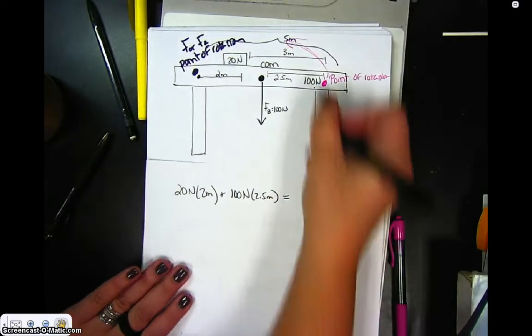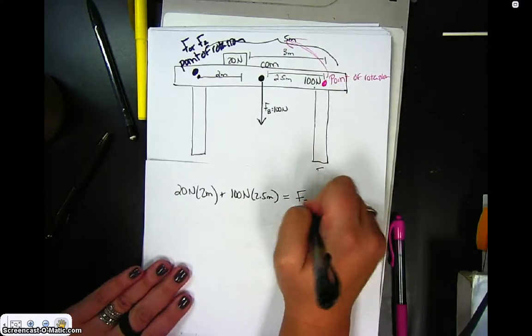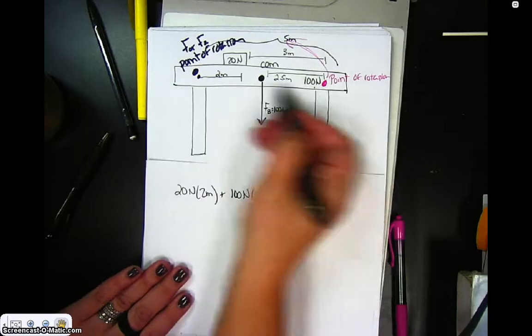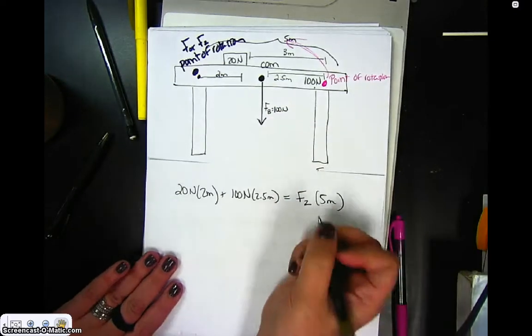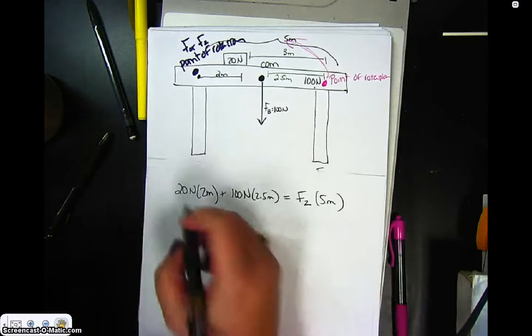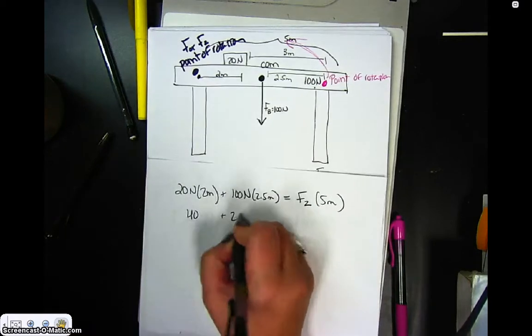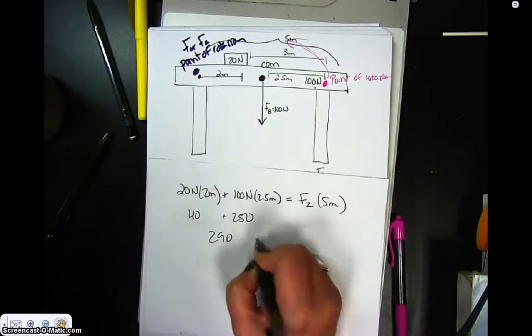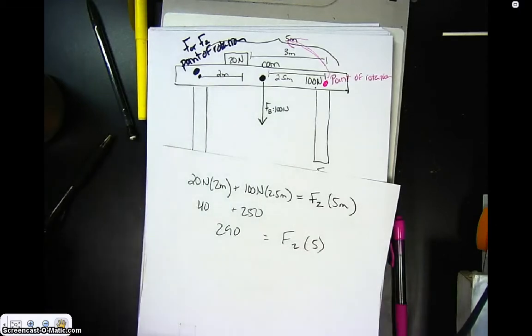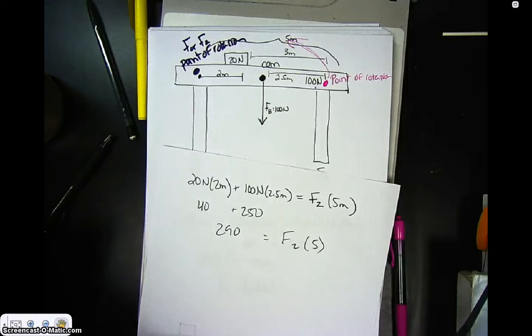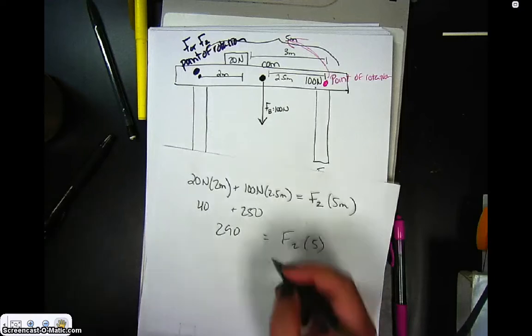And that must be equal to this force 2 times the distance from its point of rotation, which would be 5 meters. So I end up getting 40 plus 250, so 290 is equal to the force times 5. Let me pull out my calculator quick. 290 divided by 5 is 58 newtons.